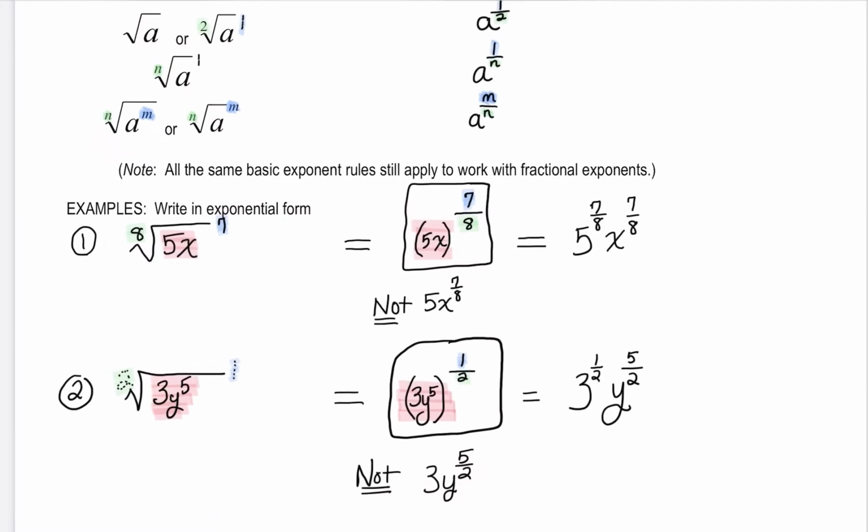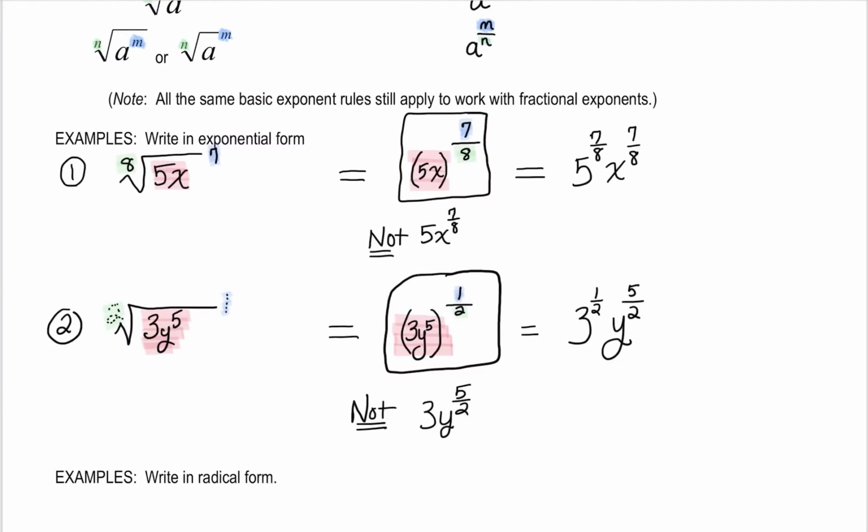And so that's an issue there. Another common mistake is that it's also not 3y quantity to the 5/2 power. That implies that the 3 was being raised to the 5th, which it was not.